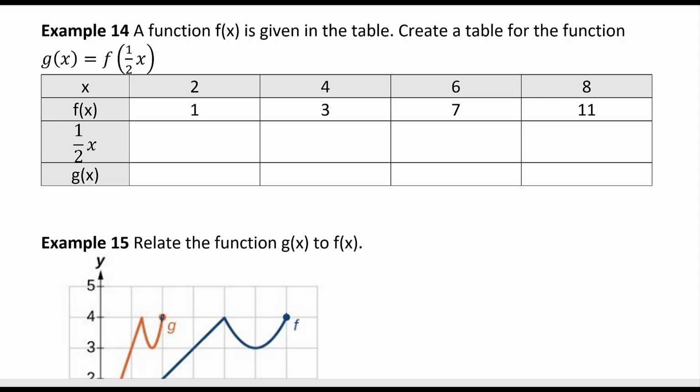Okay, for this next part, we're going to do the table. A function f of x is given in the table. Create a table for the function g of x equals f of 1/2 x. So let's just look at this. f of 2 is 1, f of 4 is 3, f of 6 is 7, f of 8 is 11.